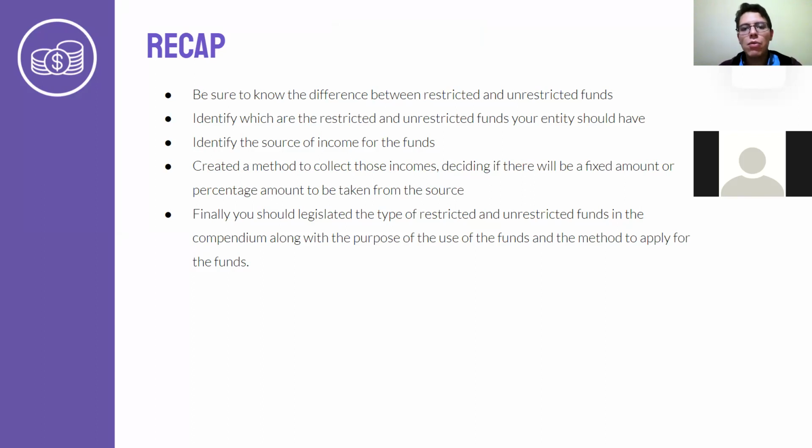Identify which are the restricted and unrestricted funds in your entity. Identify the source of incomes of these funds. Create a method to collect those incomes, deciding if there will be a fixed amount or percentage.